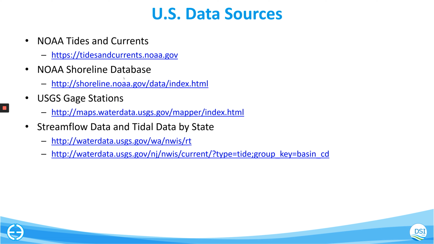As does NOAA, actually. One of the things that I want to mention about NOAA that's kind of a little bit irritating is that if you want full 6-minute resolution tidal water surface elevations, you can only download 1 month at a time. So imagine trying to put together 10 years of data if you were doing that just by downloading 1 month at a time.